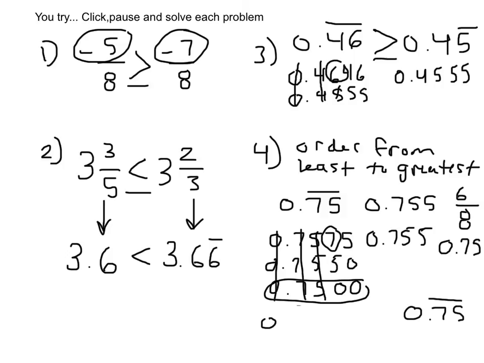So 6/8 was the least. So 6/8 is less than 0.755, which is, running out of room here, which is less than 0.75 with a repeating 75. How'd you do? Check your answers.